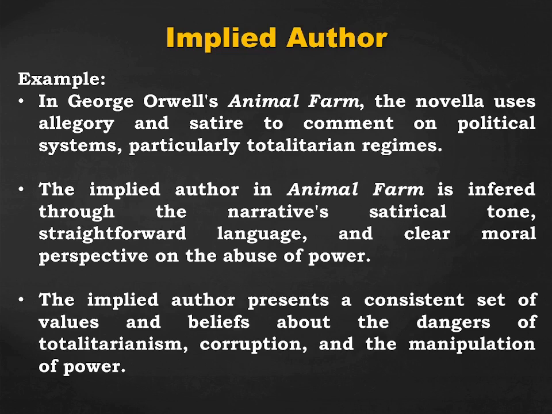So the implied author is not the narrator or George Orwell, the real author, but is inferred through the narrative's satirical tone, the language, and the clear moral perspective on the abuse of power, which are inferred by the reader. The implied author presents a consistent set of values and beliefs about the dangers of totalitarianism, corruption, and the manipulation of power.